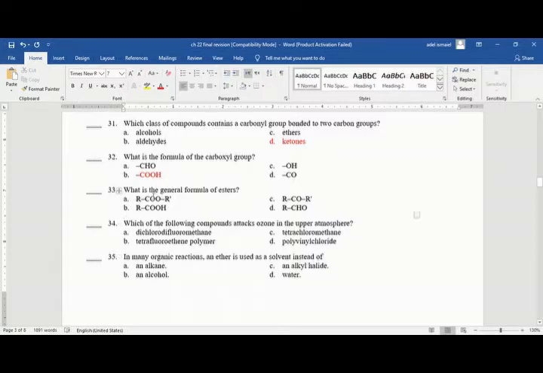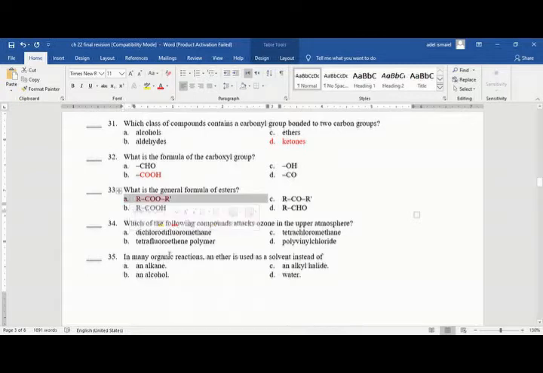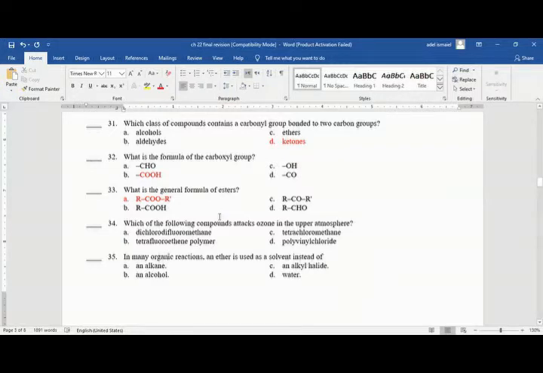So the correct answer is A. Again, aldehydes CHO, ketones CO, carboxylic acids COOH, esters COOR, where the two alkyl groups may be different or similar, R, COOR. Okay.